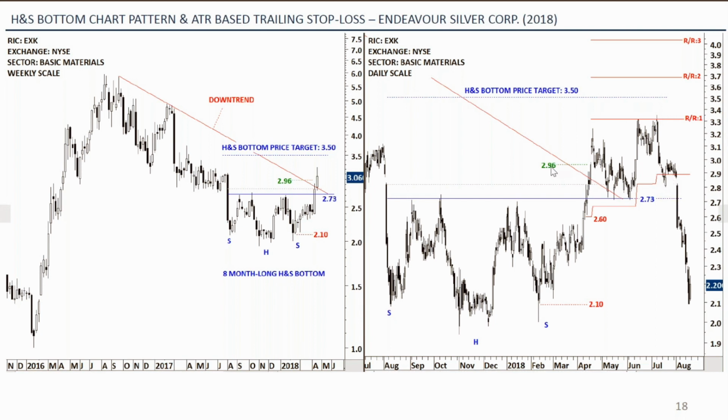Now 296 was your entry and you're getting stopped somewhere around 290. Whereas when you look at the chart pattern negation level, it's far below that level. Chart pattern negation level is a rule that will change the head and shoulders bottom, but the ATR is a trading tactic that you can apply to change how this chart pattern can work for you.